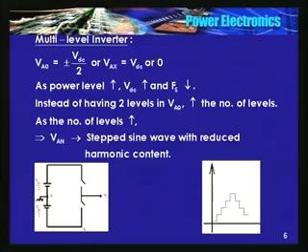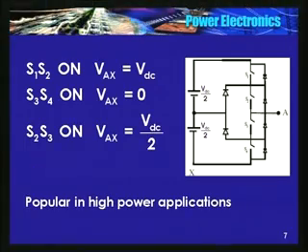I'll just give an example. See here. There are 4 switches, and maybe 6 diodes, and a center point is connected to again these 2 diodes. How does it work? I close only S1 and S2. So, what is the potential of A with respect to X?